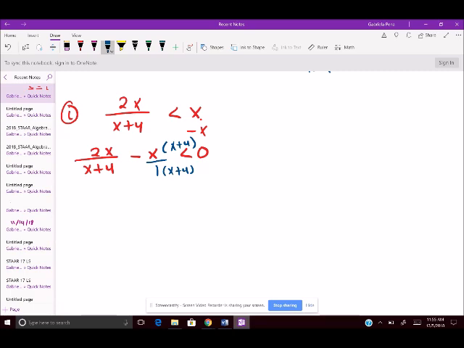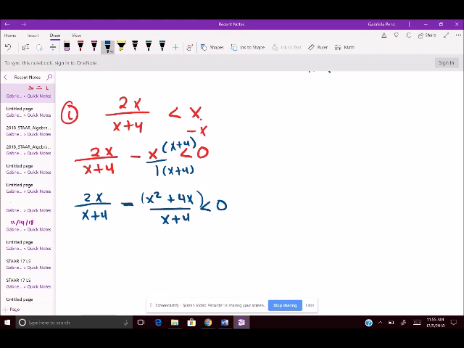So once I do that, this here stays 2x over x plus 4, but this here becomes x squared plus 4x over x plus 4 is greater than 0. Now, please keep in mind this subtraction will affect those two right now.